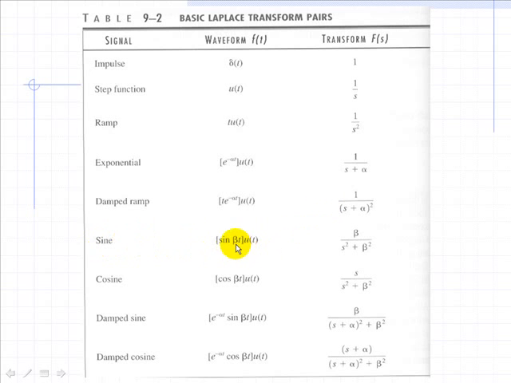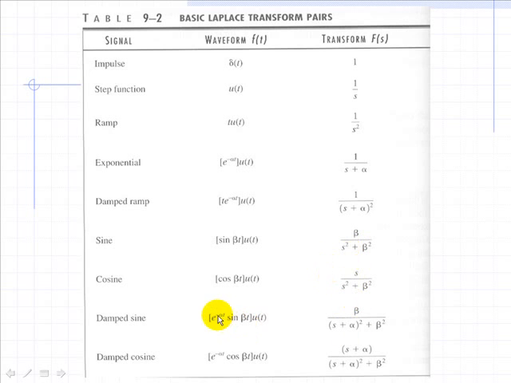We saw that sine beta t has a Laplace transform of beta over s squared plus beta squared, and we used this, with the differentiation property, to find the Laplace transform of the cosine, which is s divided by s squared plus beta squared. Notice you have a sine multiplied by an exponential. Basically, wherever there's an s, we substitute s plus alpha, using our translation property.